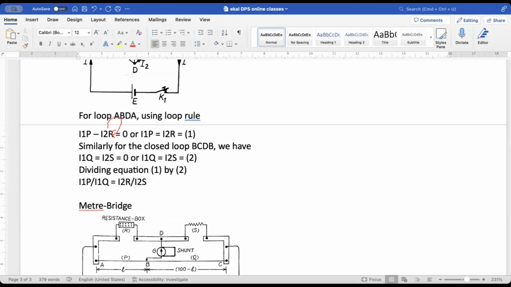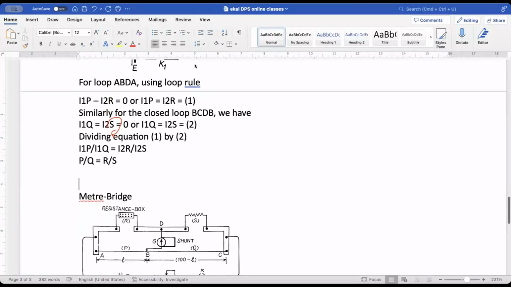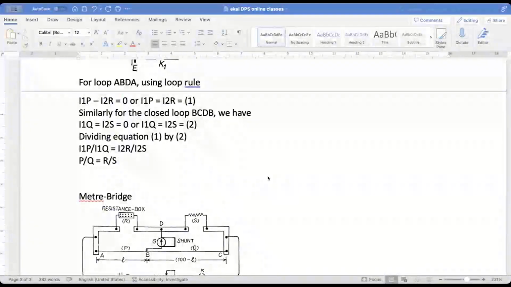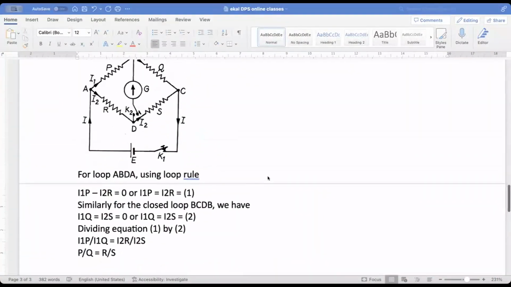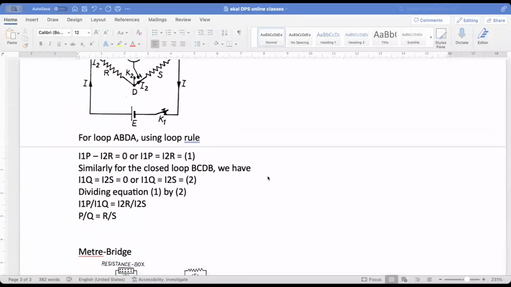And we get P by Q equals R by S. So this is the principle of the Wheatstone bridge.